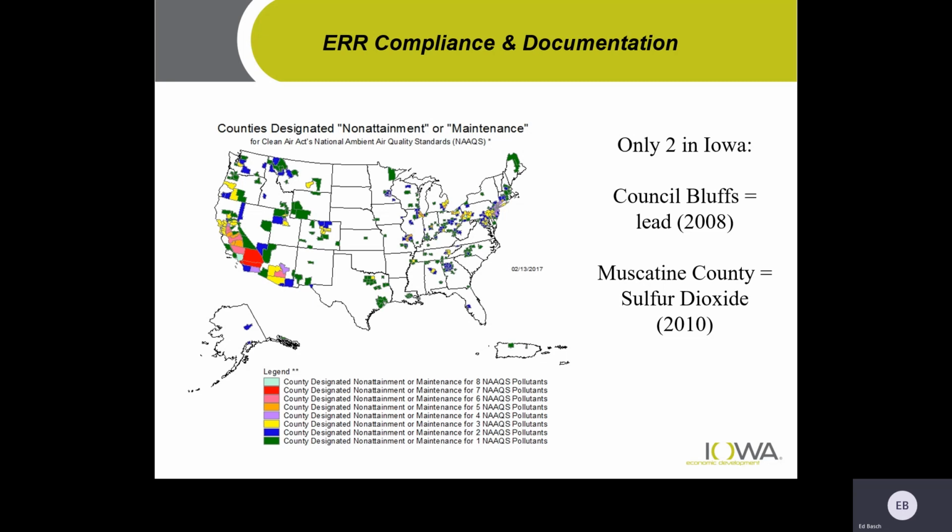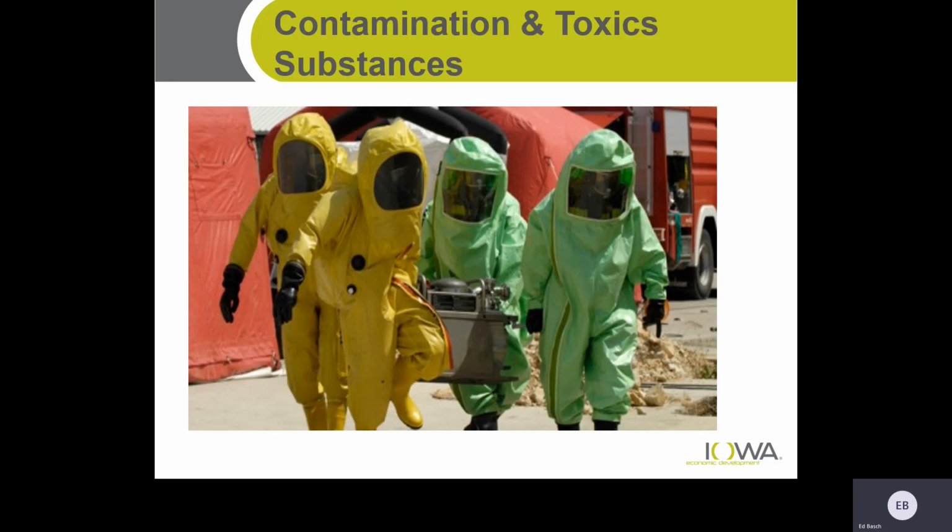So again, here's a national map showing Council Bluffs and Muscatine County as having some air quality issues. The rest of the state does not. Okay, so that I think is a fairly simple category to cover.